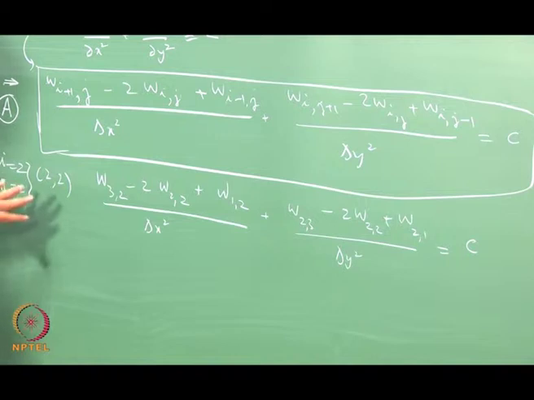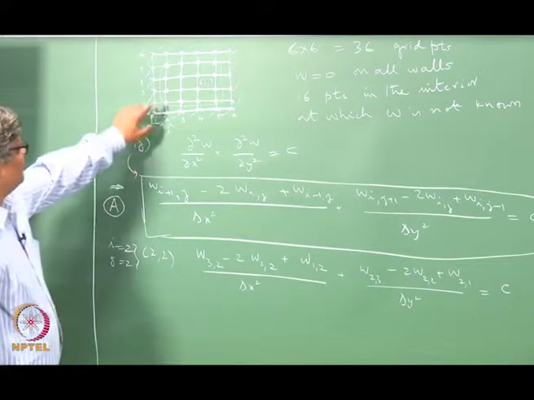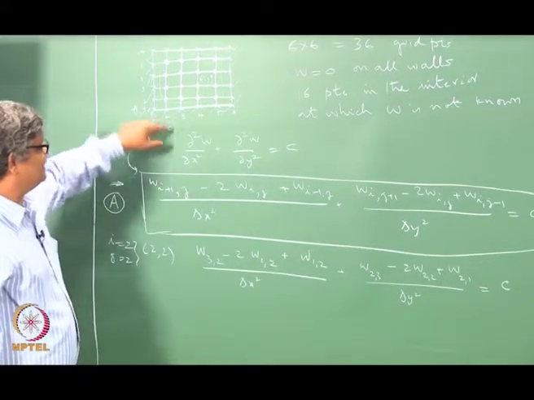Okay. At this point, where there is no confusion, we can leave out those commas because we have only single digit indices here.